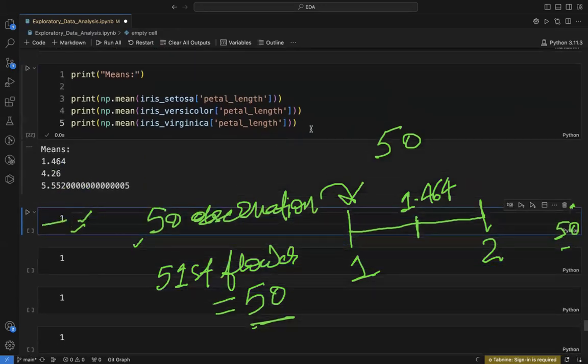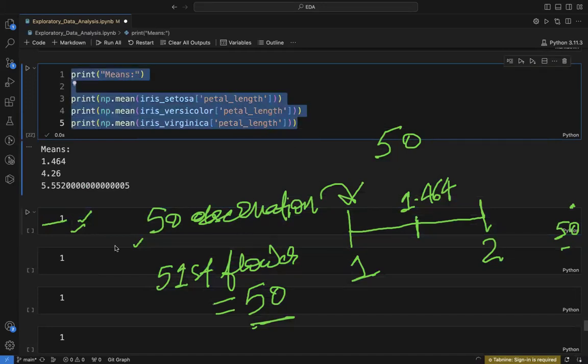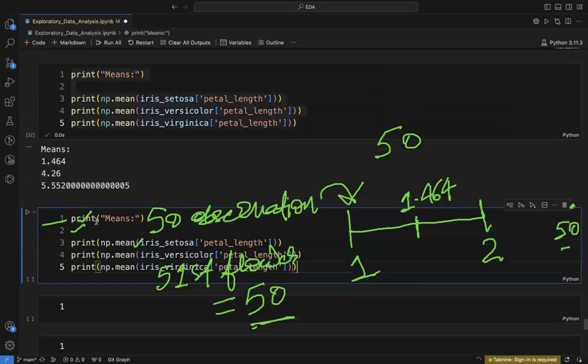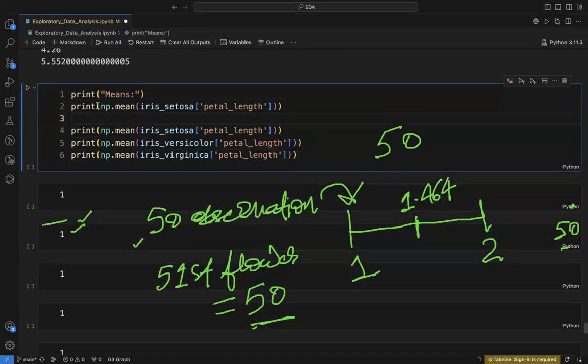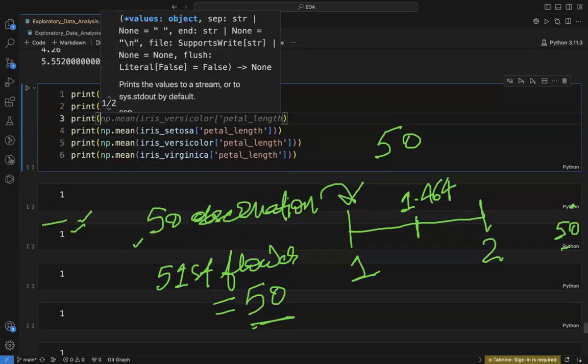I'm just copying this entire code and pasting it here. This is my original mean for petal length. I'm writing one more print statement here.